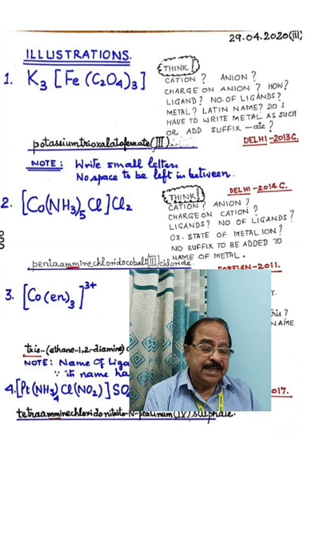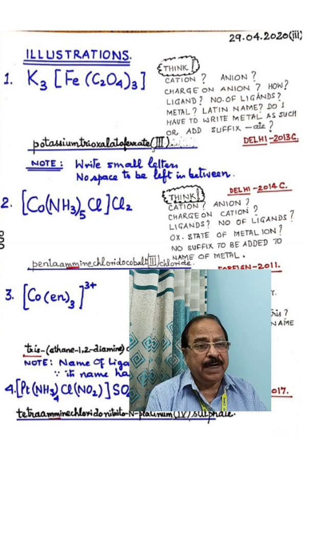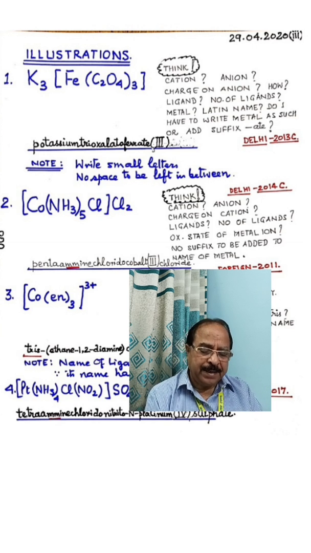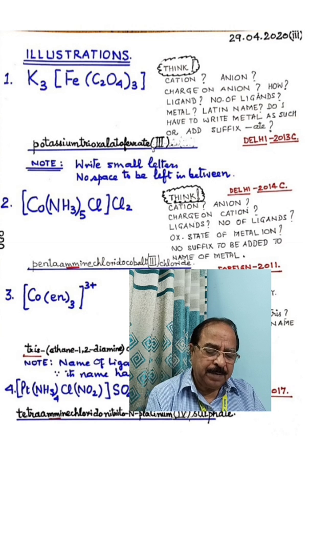Inside the coordination entity, ammonia molecules are neutral, but chloride has a negative charge, so there must be a +3 charge on the cobalt atom. So I have written pentaammine chlorido cobalt, then in brackets in Roman numerals 3, followed by the name of the anion, that is chloride. So pentaammine chlorido cobalt(III) chloride.